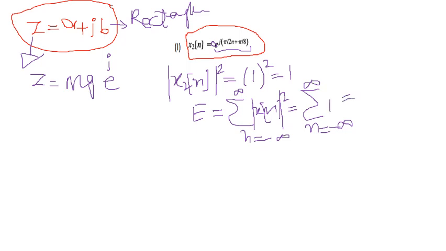So if I sum this from minus infinity up to infinity, that means summing 1 infinite times, it will result in infinity, because at minus infinity there is 1. So at minus 100, minus 50, minus 10, 0, and at 1, 2, 3, 100, from minus infinity up to infinity, it has the value of 1.